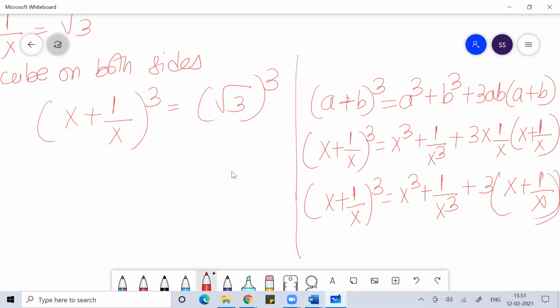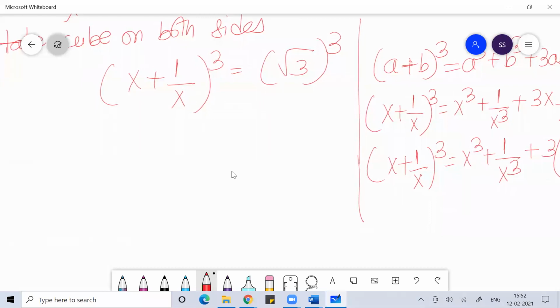So you can write this as x cube plus 1 by x cube plus 3 into x plus 1 by x is equal to root 3 whole cube, which is what? That is 3 root 3.